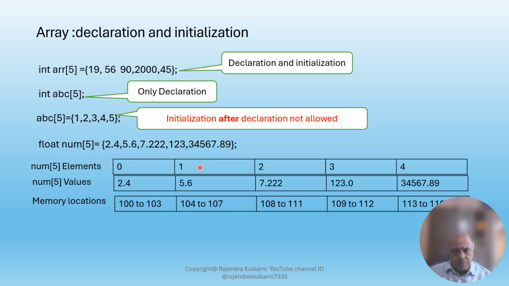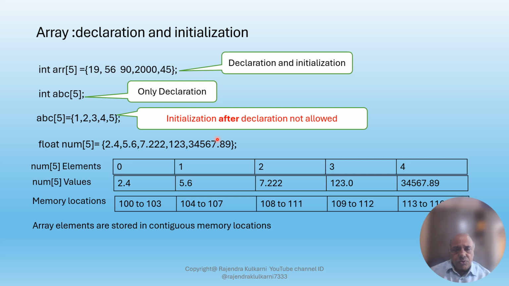Element number 1 will occupy memory locations 104 to 107, and so on, till memory locations 116 to 119 are allotted for the num array's fifth element, that is element number 4, in which the value assigned to that element will be stored.